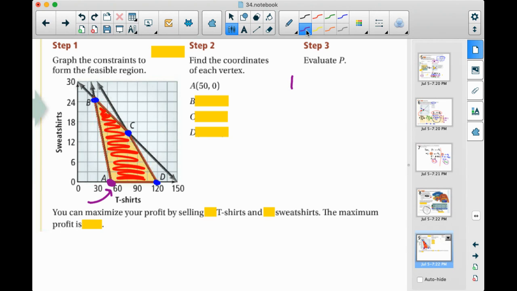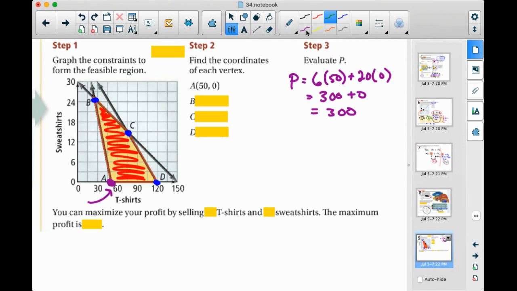So P is equal to 6 times 50 plus 20 times 0. Okay, that's going to be 300 plus 0, or 300. So I'll make $300 if I make 50 t-shirts.